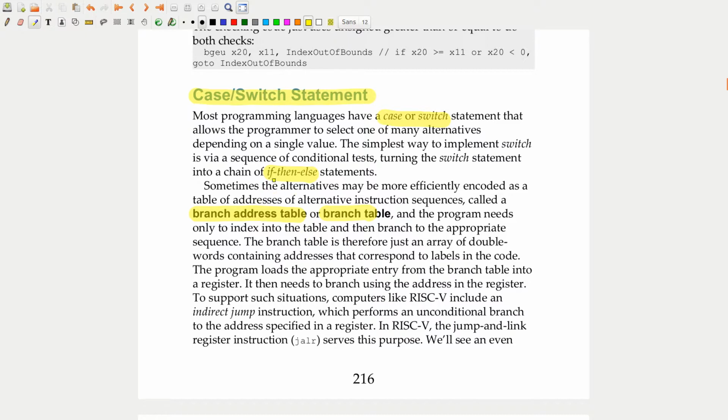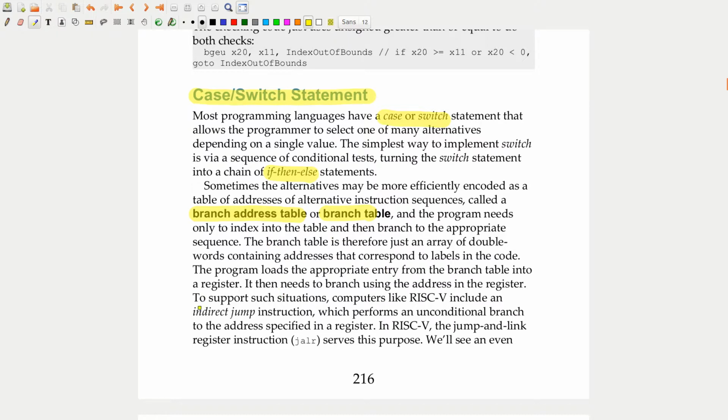This is basically saying that we could do all the checks one after another, but if we had a way to just look up in some data structure which of the if, else statements I need to go to, it would be a lot faster.